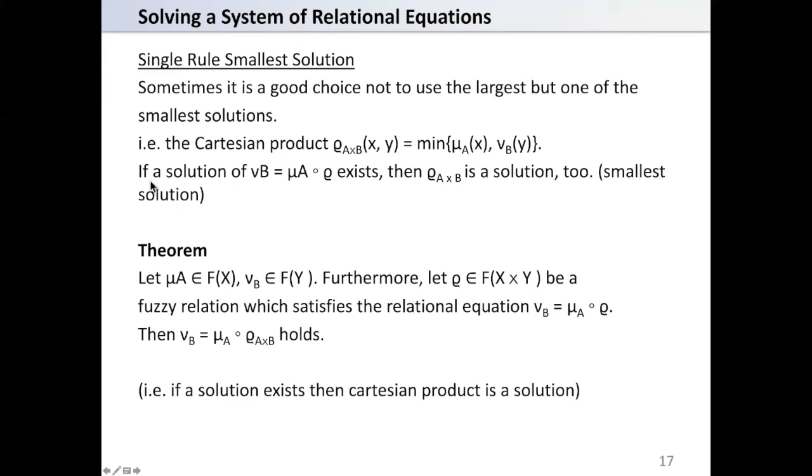This is the smallest solution. If there is a solution, the Cartesian product is the smallest solution.